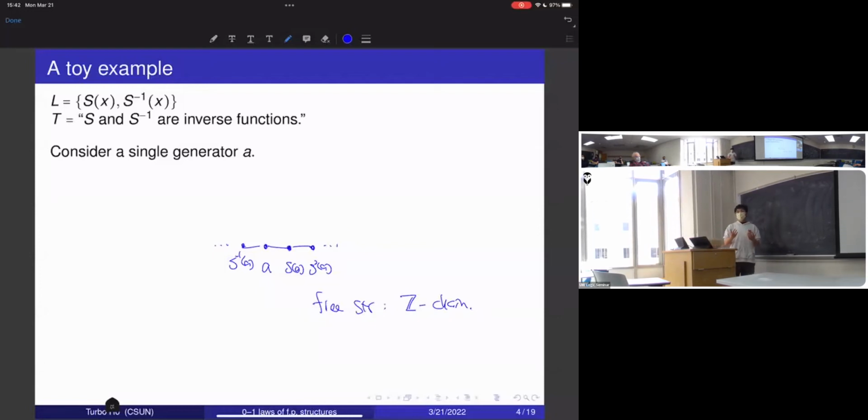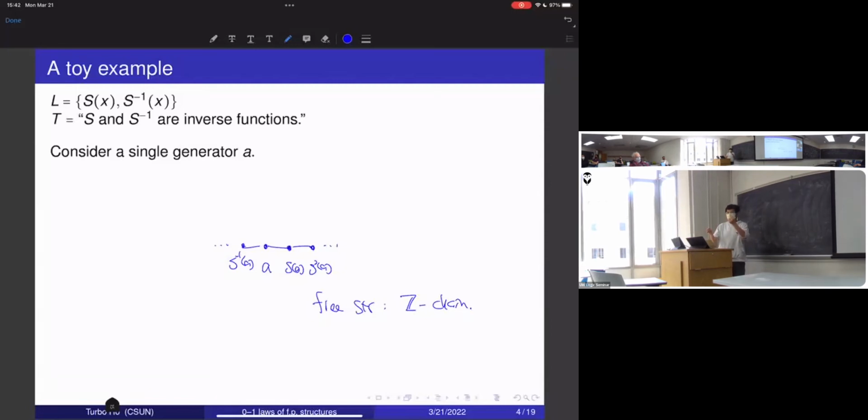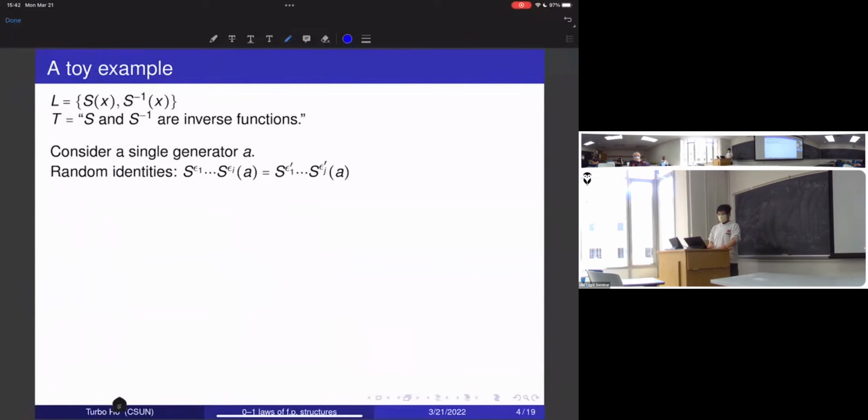So now let's try to look at quotients. This is also how Gromov built the random group: you start with the free structure, in the case of groups the free group, and then you randomly take some relations. Here the relation really is an identity saying that this element in the group equals that element in the group. So we're going to take what's called a random identity.